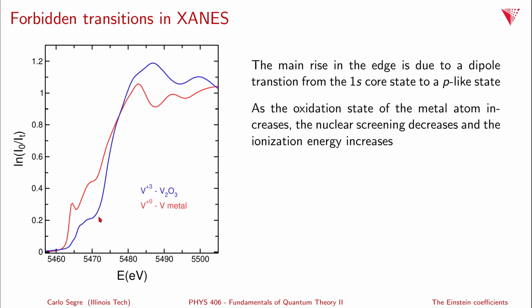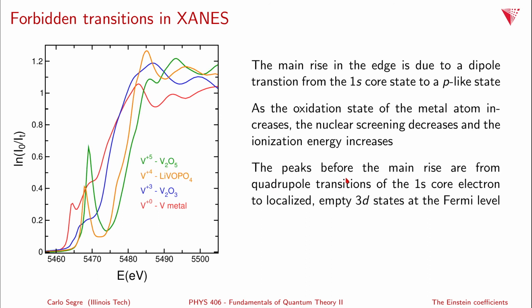As you increase the oxidation state of the metal, the nuclear screening decreases and the ionization energy increases. And at some point, when you get to, say, V2O5, you see this very sharp transition here. But even before then, you have transitions here, these two little bumps, at V2O3. And these transitions are quadrupole transitions.